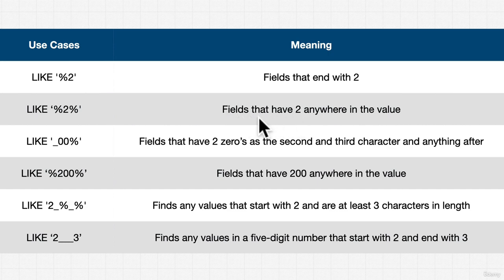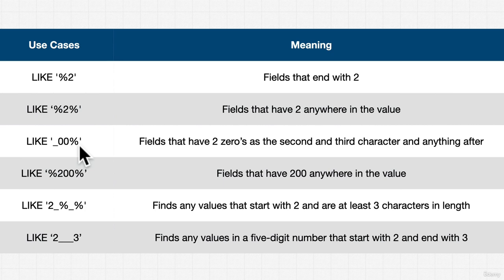And here we have like 2 underscore 00 percentage sign. So, stands to reason that this would mean, find us anything that has 2 zeros after the first character, and anything after the third character.